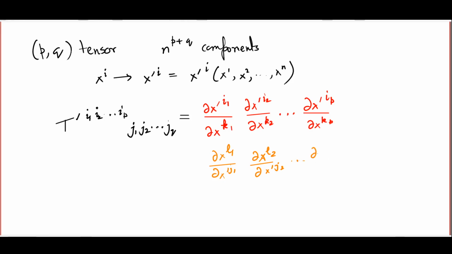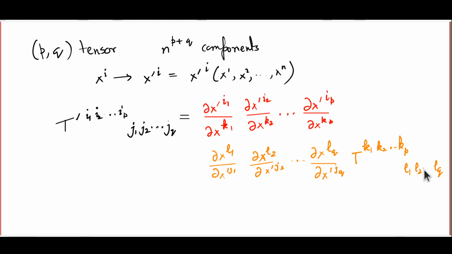This is a covector transformation coefficient, remember. These are the factors which multiply T k1, k2, kp, l1, l2, lq. Of course, there's still a summation over all the k's and all the l's to be done, but this is how you find out the new transformed components in terms of the old components.